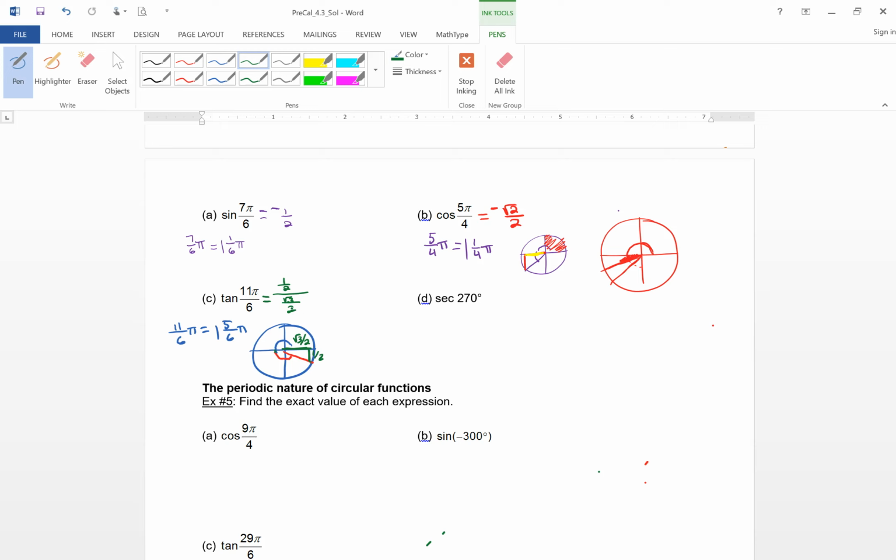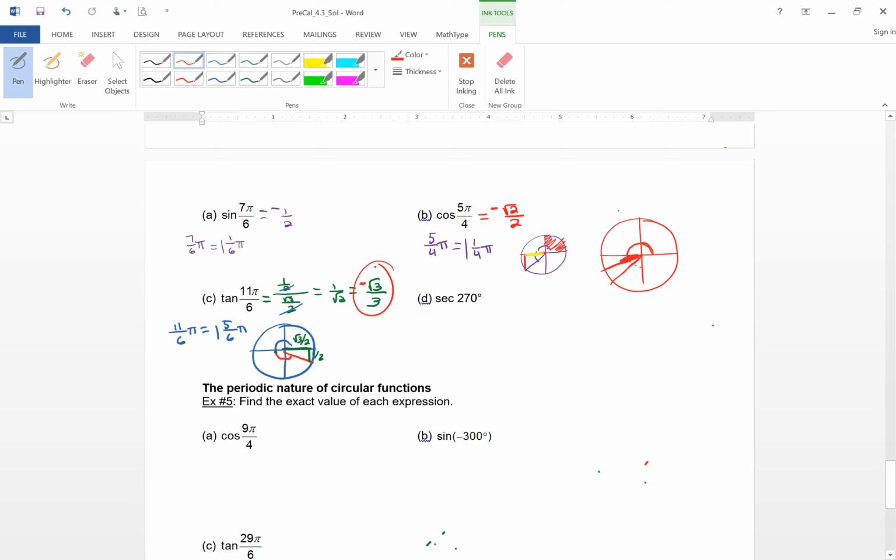Now, the denominators are the same, so they magically go away. So what I have left is 1 over root 3, which is root 3 over 3. Now, in the fourth quadrant, is tangent positive or negative? Negative. So this is negative root 3 over 3.